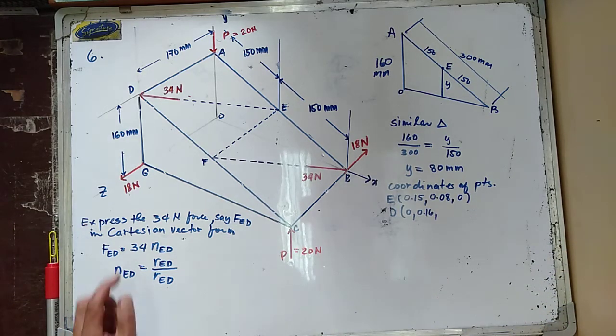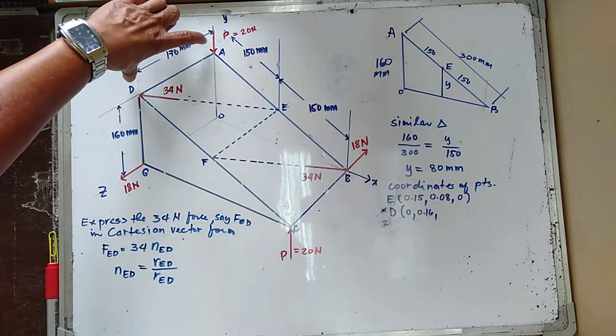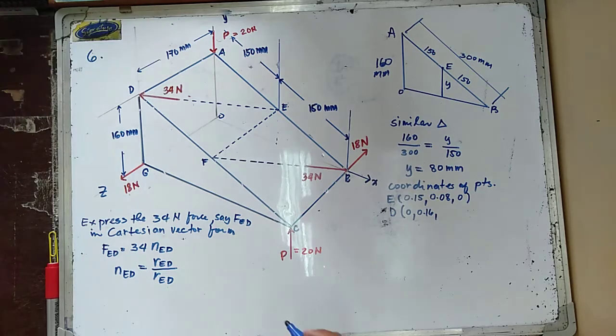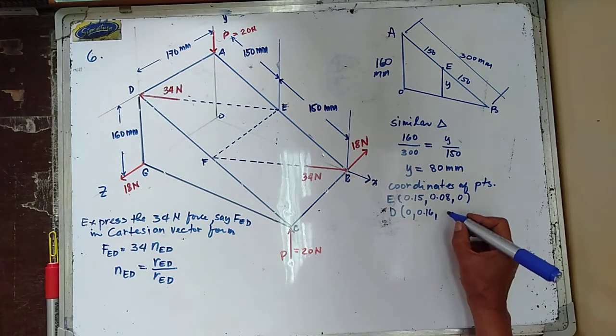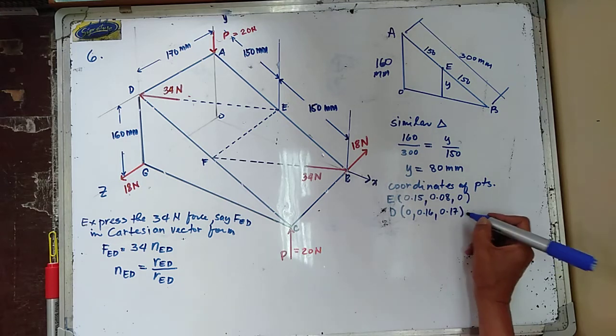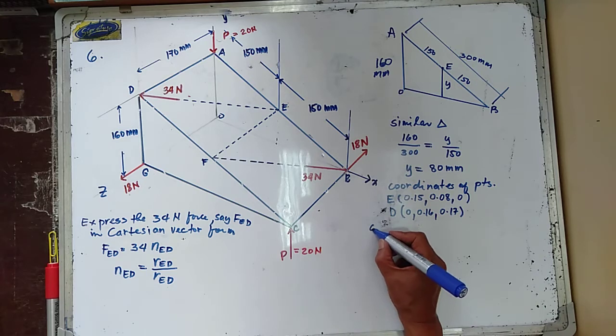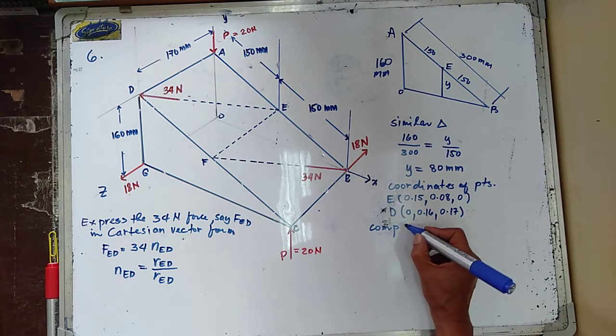And the z-axis is positive 170 mm, or 0.17 meters.